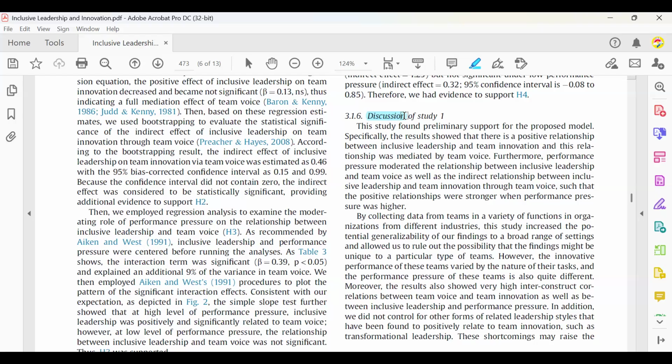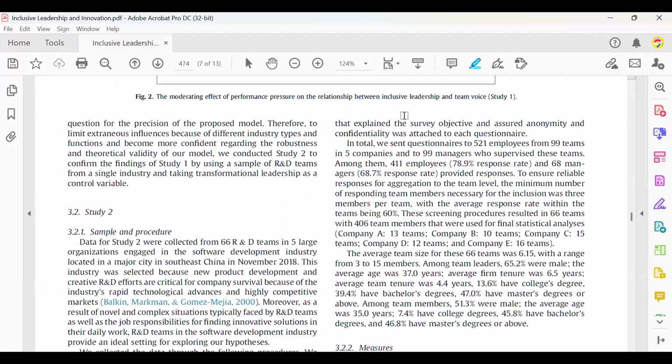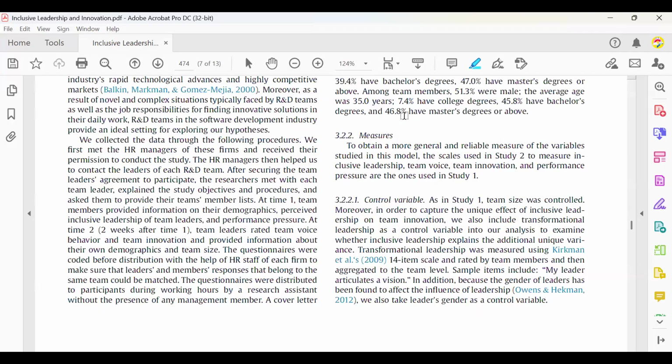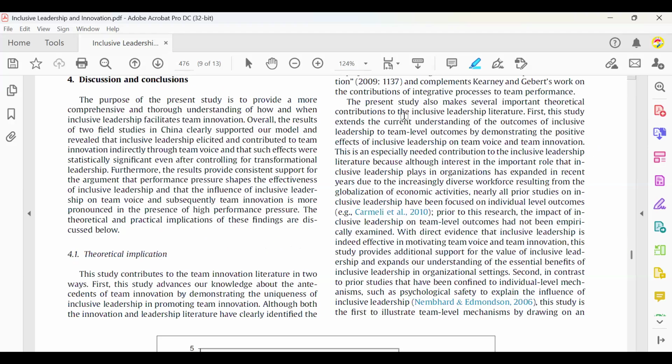Did the statistical analysis confirm the hypothesis, or was the hypothesis rejected? So I would encourage you to read the discussion section to understand what were the findings from the study.